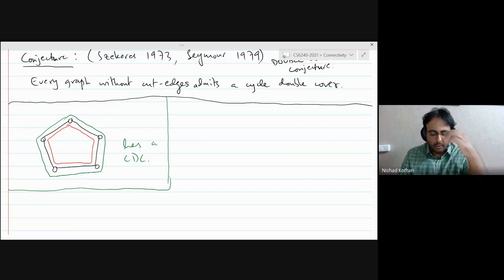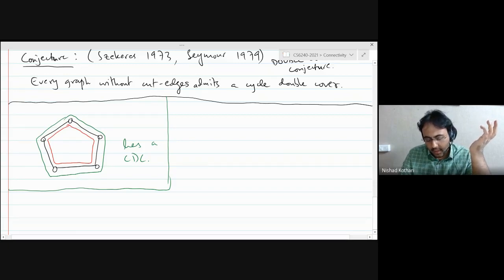Supposing you want to prove the cycle double cover conjecture, do you need to prove it for all graphs? Clearly, you can restrict yourself to connected graphs, right? That should be fairly clear. A graph has a cycle double cover if and only if each of its components has a cycle double cover, right?